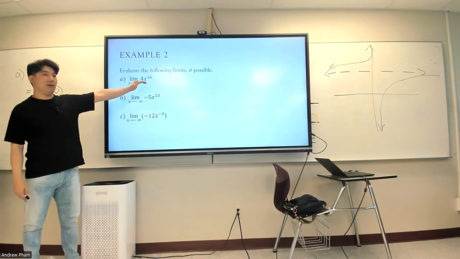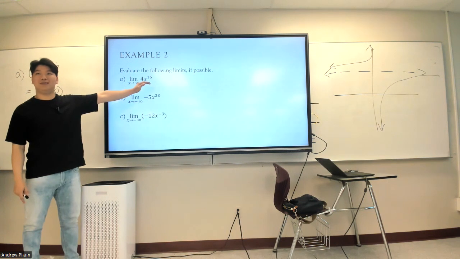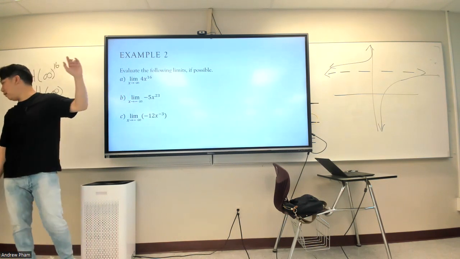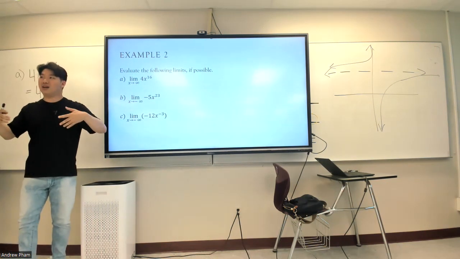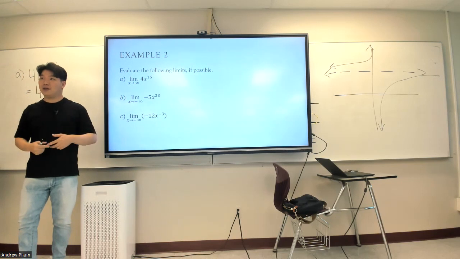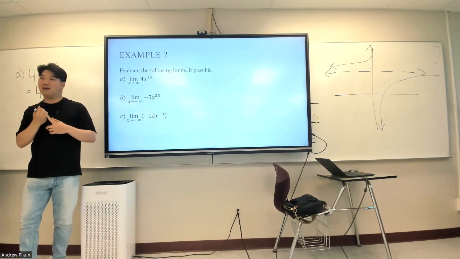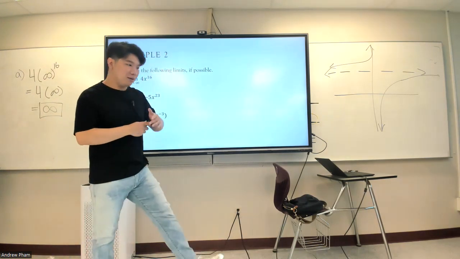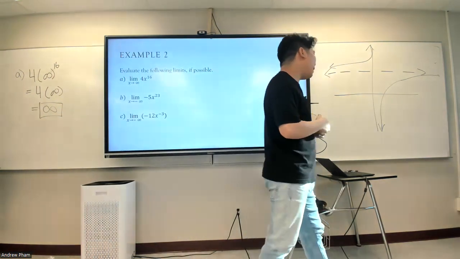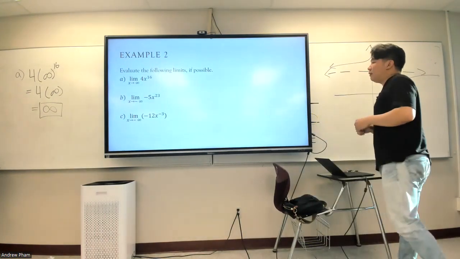Well, if I keep on plugging larger and larger numbers into this function, 4x to the 16th power, again, we're just going to get an even larger number each time. In other words, I'm not approaching a single number. I'm just growing larger and larger each time. So this is where we say my limit is equal to infinity.